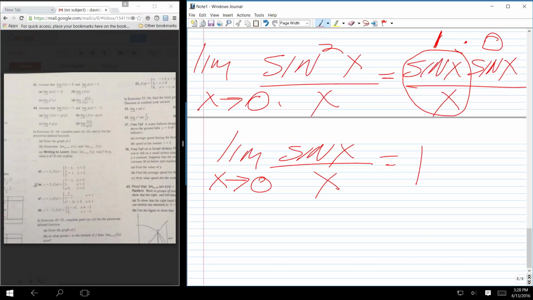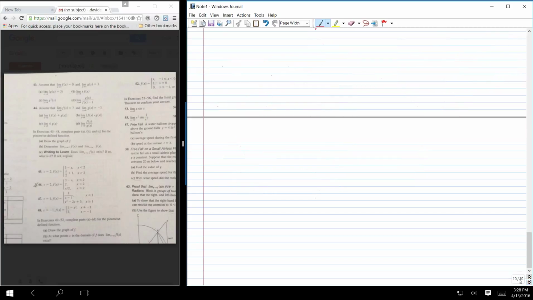A lot of limit problems are solved that way, where you factor one of the numerator or the denominator. In other words, a really good limit problem is this one here. The limit of x squared minus 1 all over x minus 1 as x approaches 1. That's 0 over 0, right?